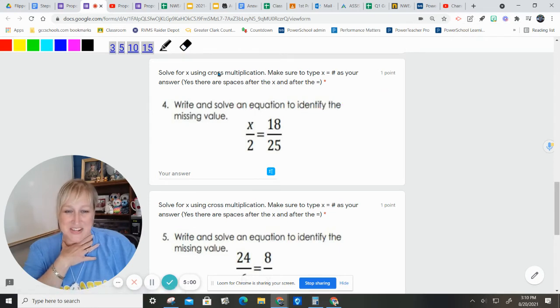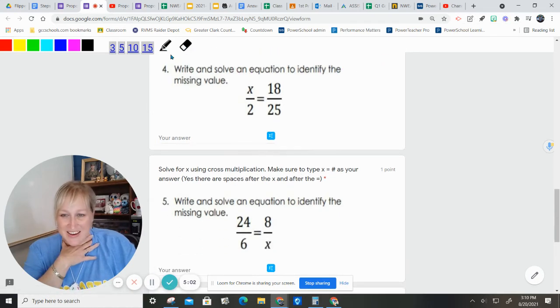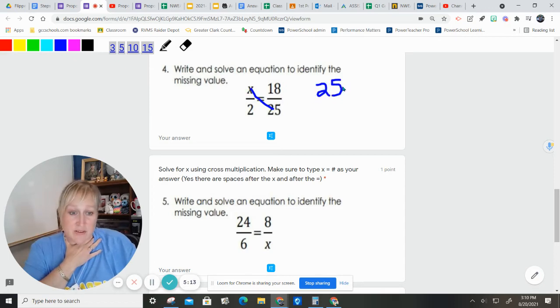Okay, so we're going to do the next problem. Again, we're cross multiplying, so I want you guys to make sure that you're trying this on your own and coming back and checking. I like multiplying my x's first, so I'm ending up with 25x from one side is 18 times 2 for the other.